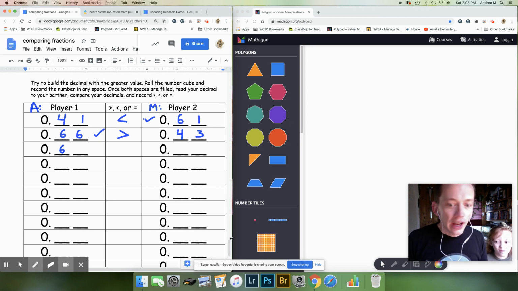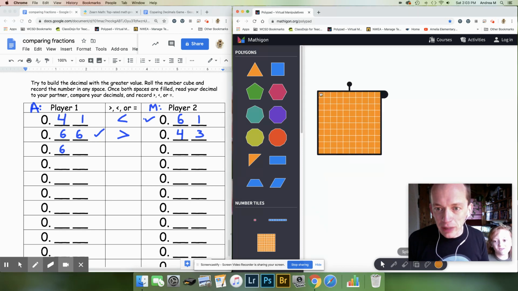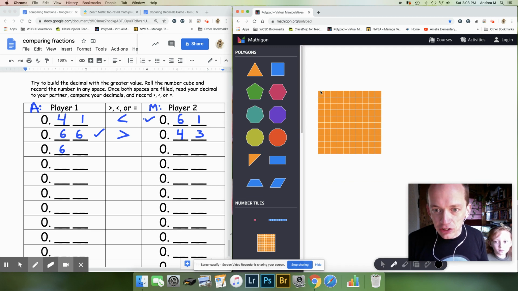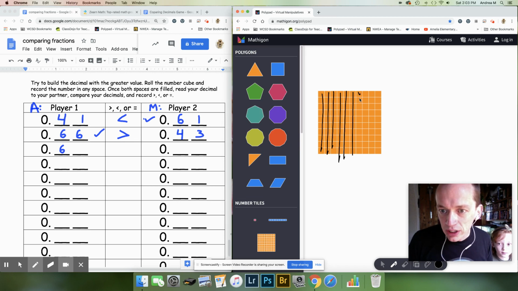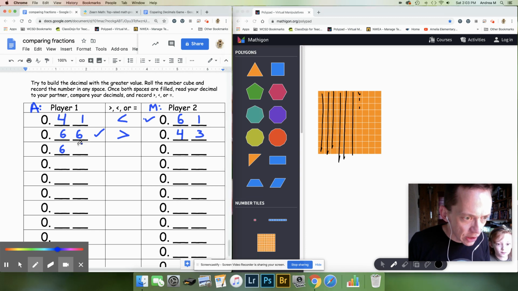6/10ths, right? So looking at it, if you need the model, imagine, so that is 1, 2, 3, 4, 5, 6 full rows, and then 3, so that's 1, 2, 3 hundredths, okay? Come back over here.